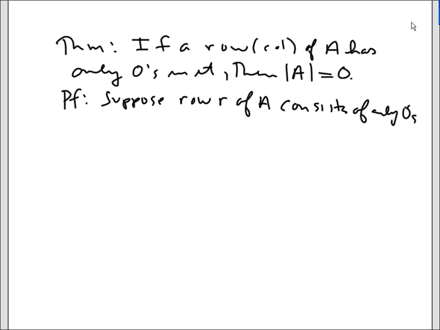So again, the proof goes as follows. Suppose row R of A consists only of zeros. I'll write it out.